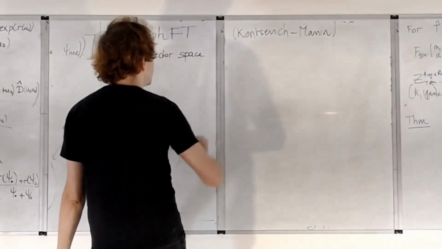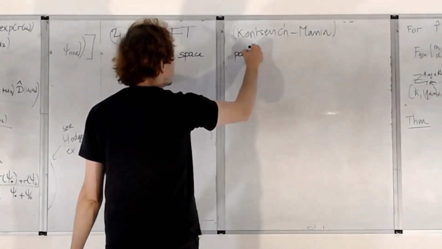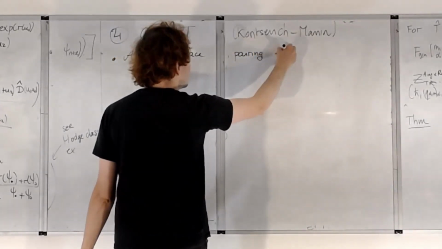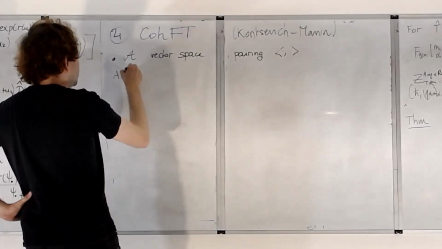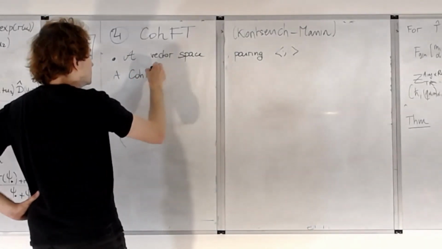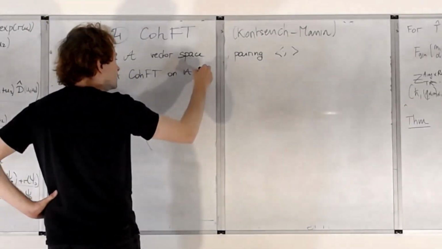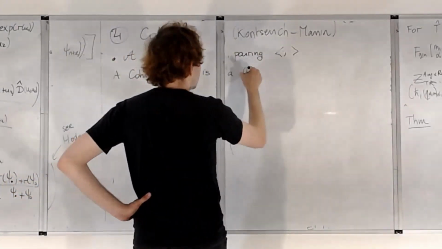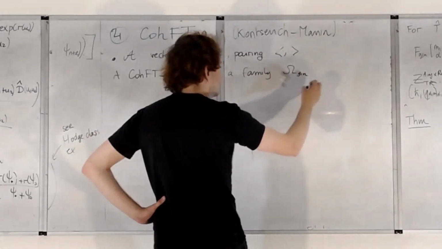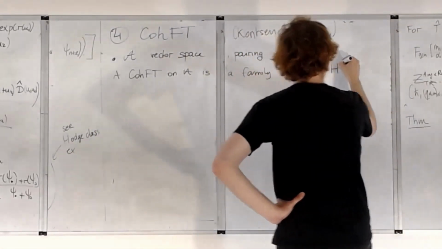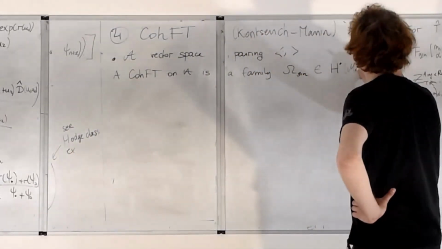So take a vector space with a pairing. And a CohFT on A is a family of classes, so this class is when you insert vectors.